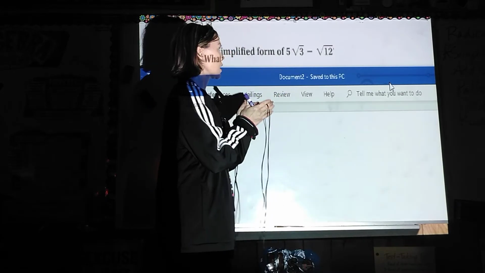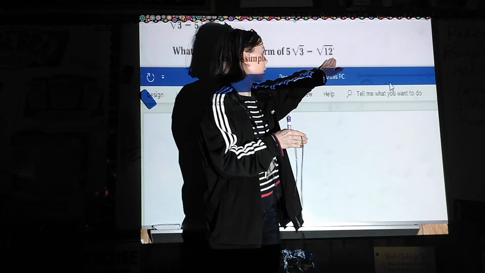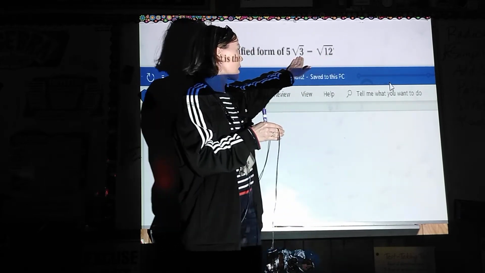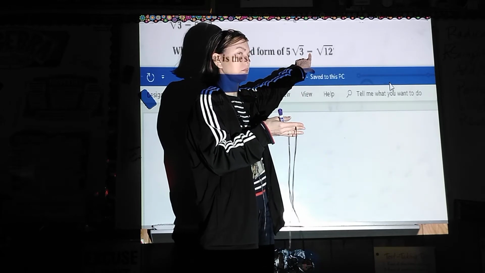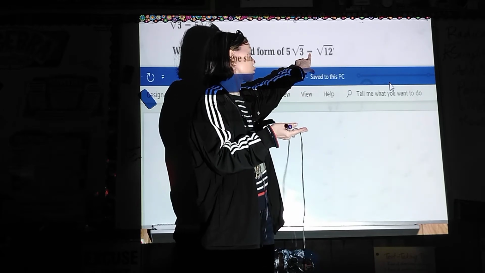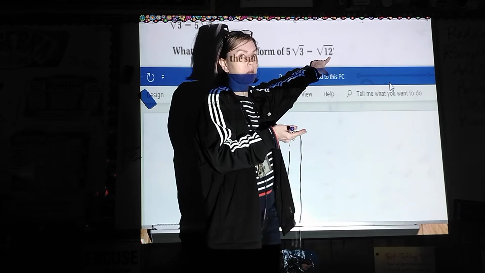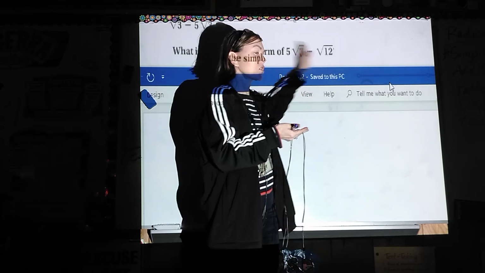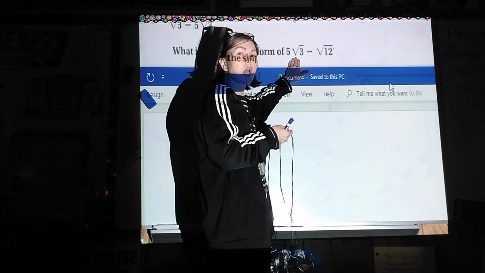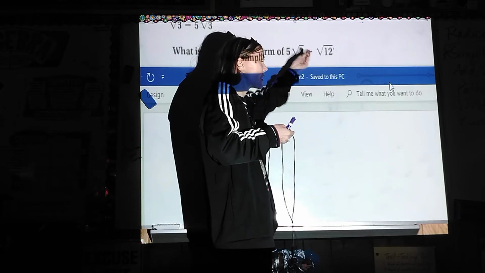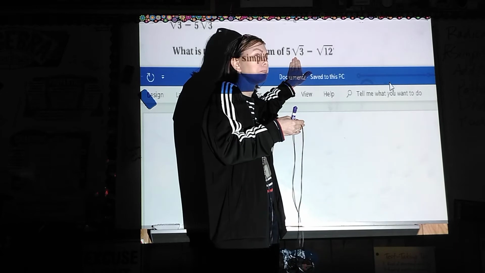If these are not identical, which they're not, you cannot combine or subtract them. Even though it's not there, you know there's a 1 there. This is a radical 3, this is a radical 12. They are not identical, so you cannot add or subtract or combine them. So 5 radical 3 is as simplified as you can get. Nothing to do here.